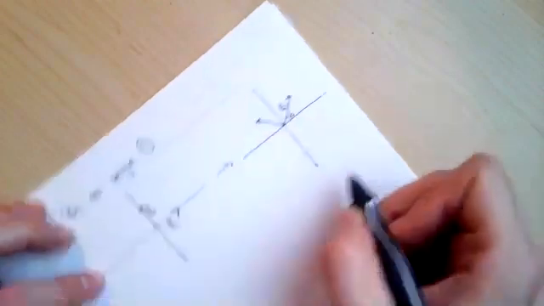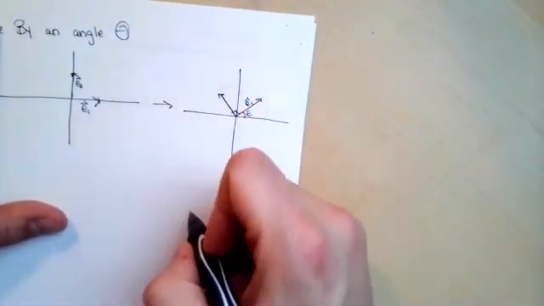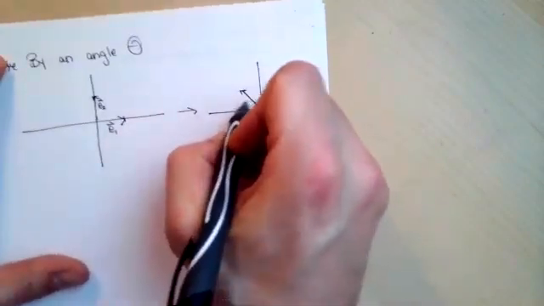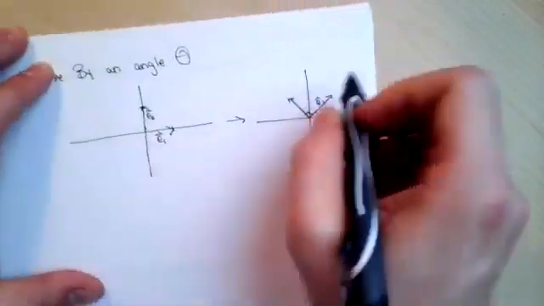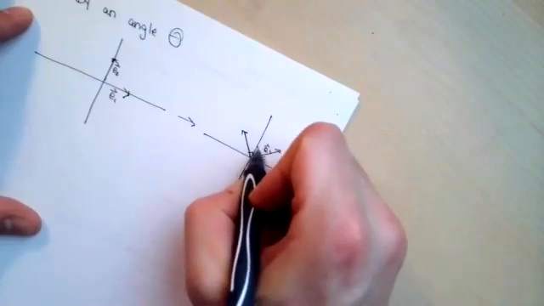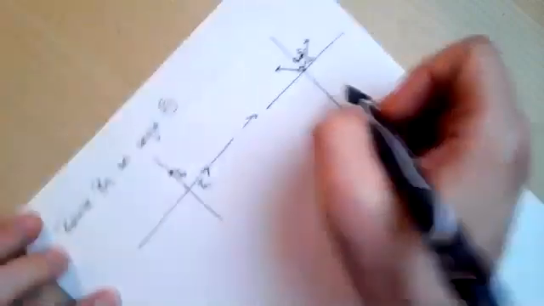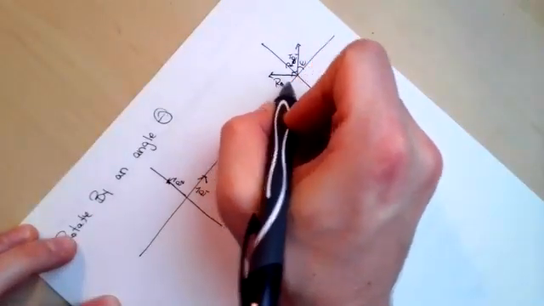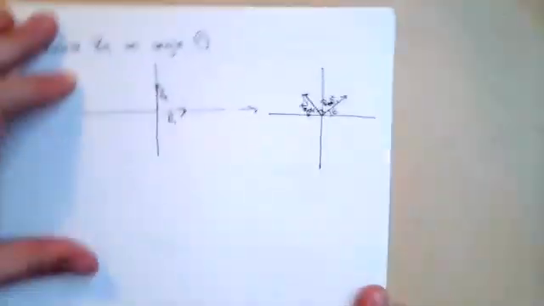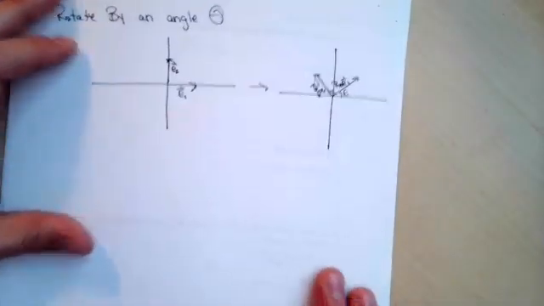So the angles are preserved with this, so there's still going to be a right angle. This is still going to be a basis. Let's call this specifically R of theta. Maybe I can draw it bigger.